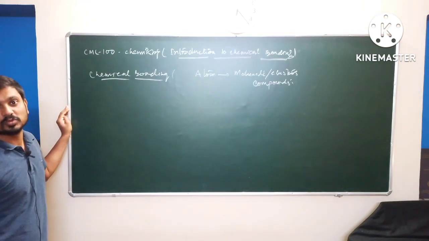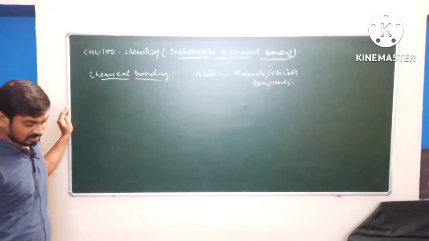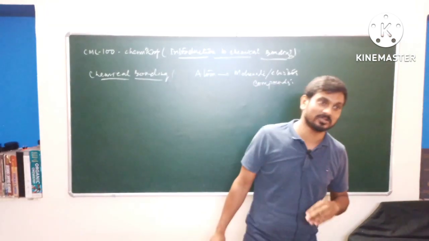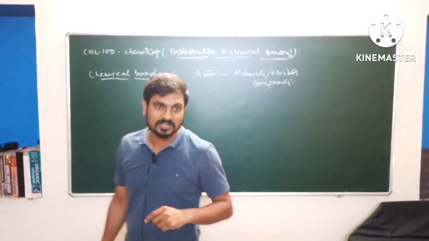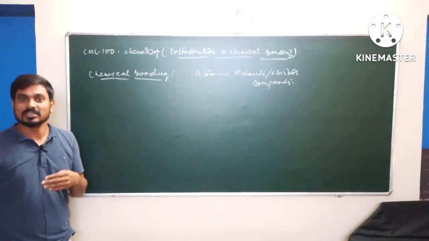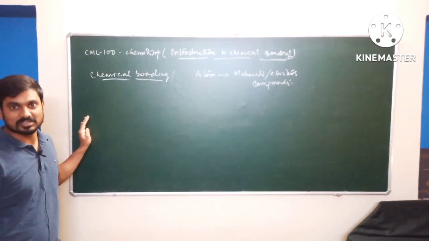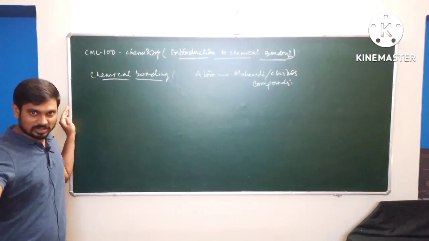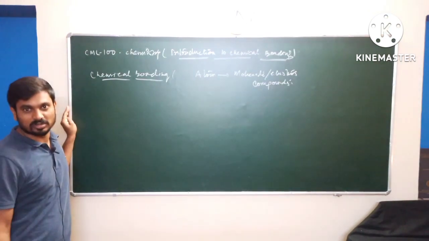In that pursuit, in your high school and intermediate training, you have studied many theories. The first atomic model that you learned is the Thomson model, isn't it? Then Bohr's model, then Sommerfeld's model, and all the other models, finally concluding in a quantum model of atomic structure.